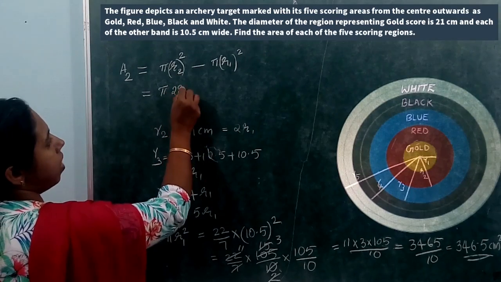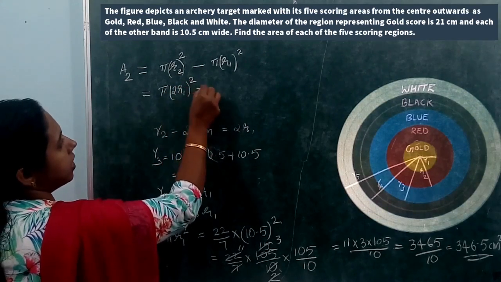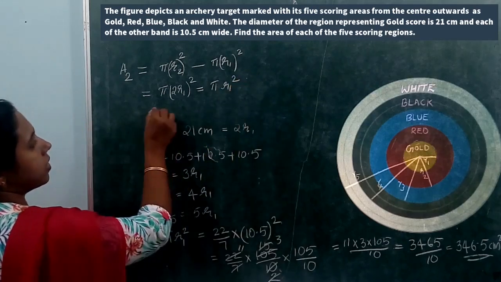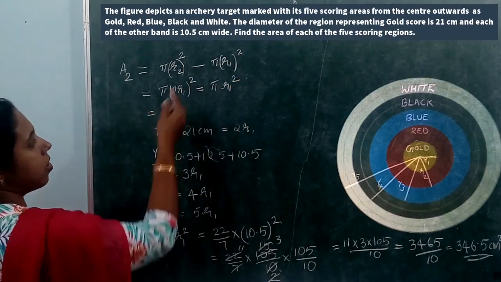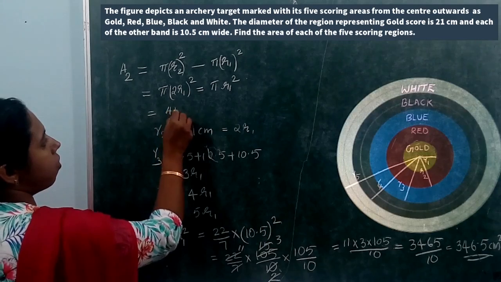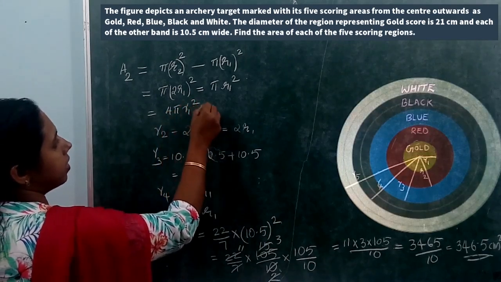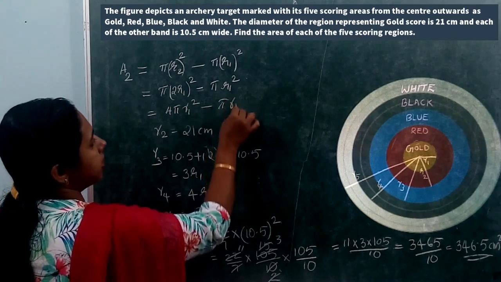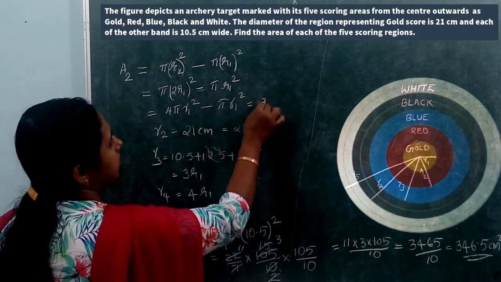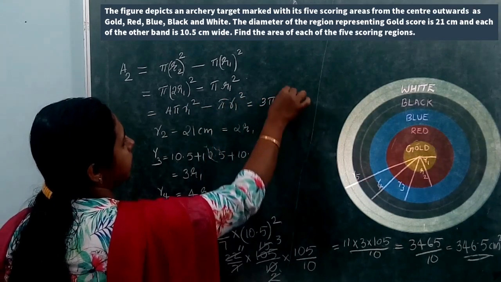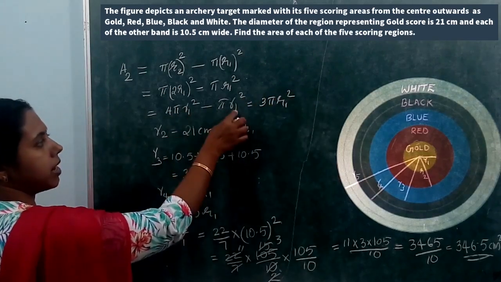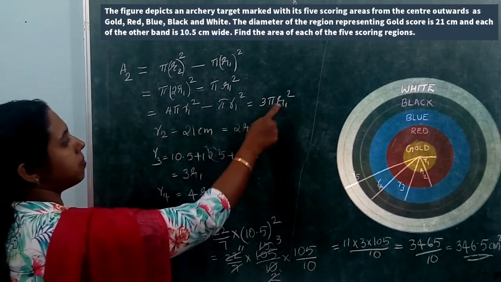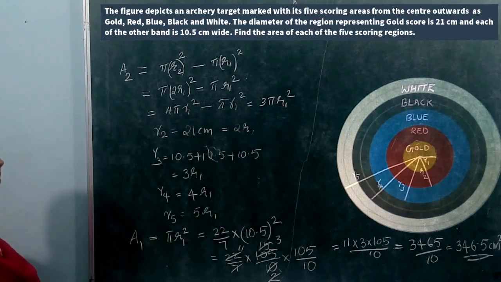So 2r1 whole square is equal to 4 pi r1 square minus pi r1 square, that is equal to 3 pi r1 square. 4 pi r1 square minus pi r1 square is equal to 4 minus 1, 3 pi r1 square.